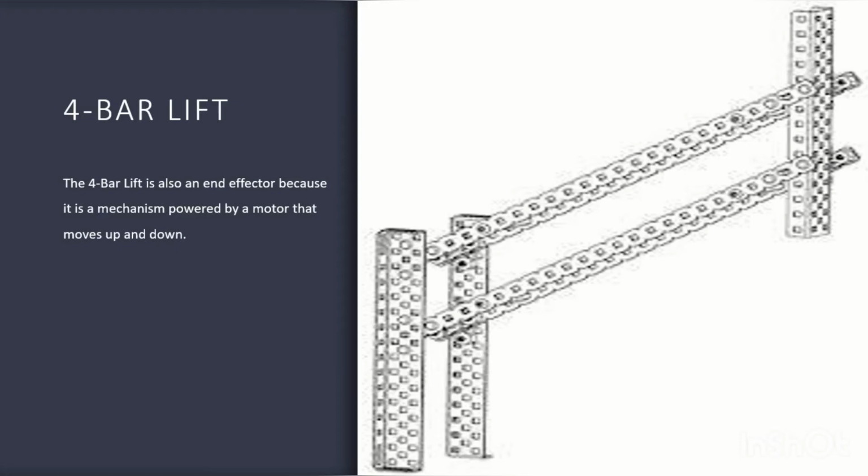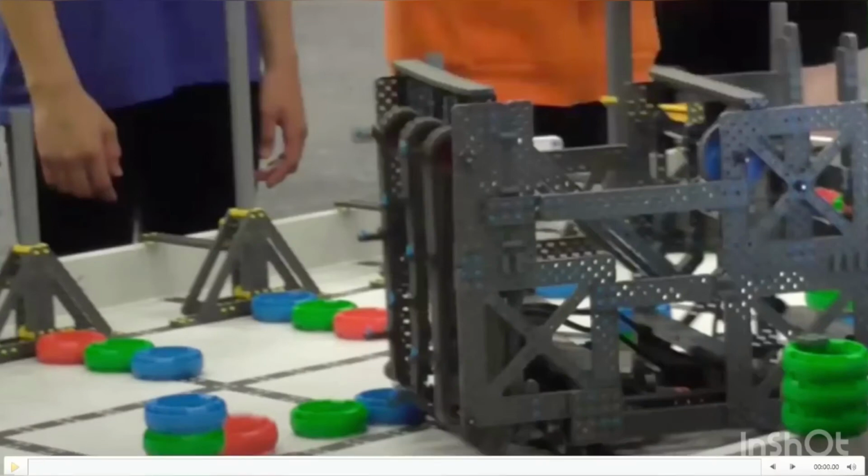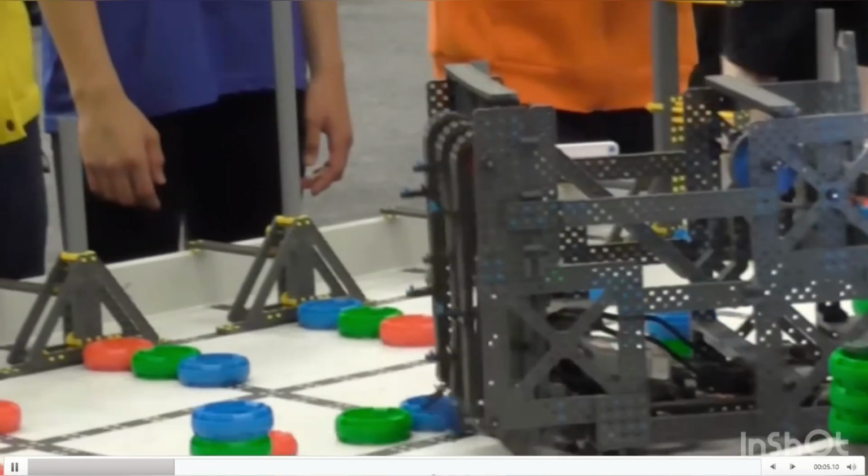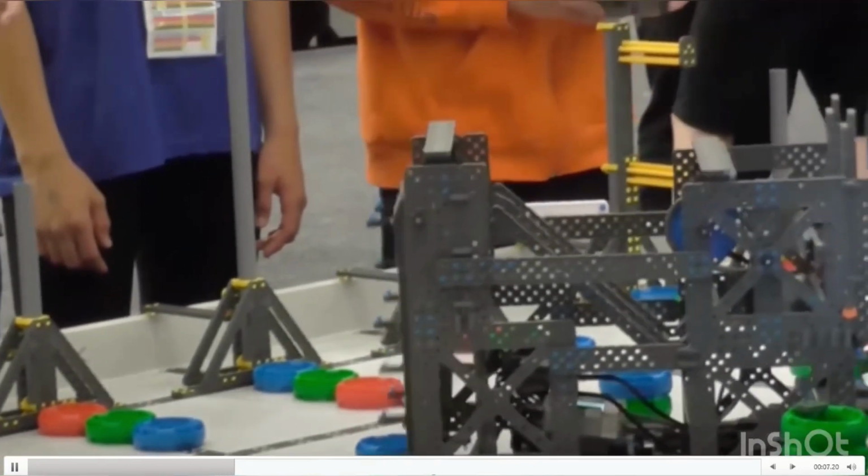So let me show you an example of an end effector. This is in Ringmaster, also known as a reference. Basically, the YouTube video is showing these people.